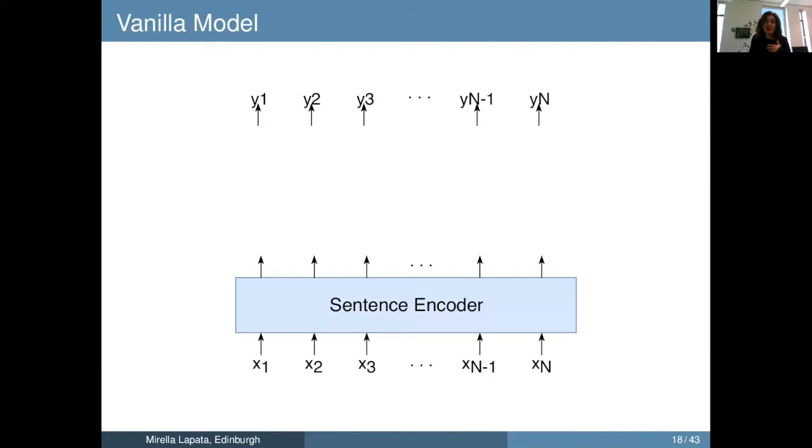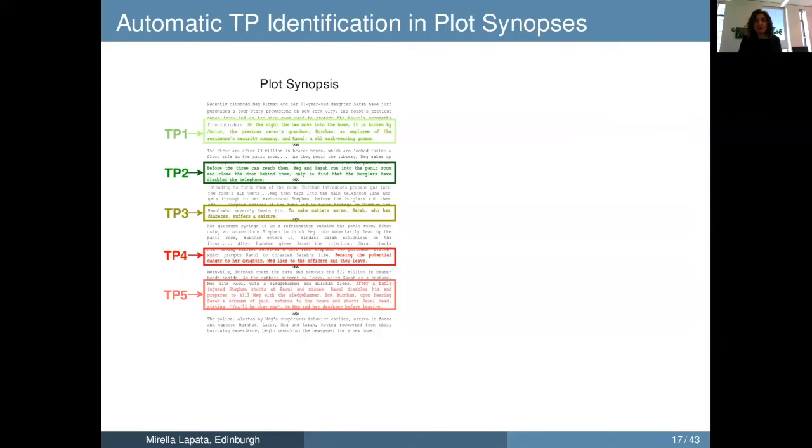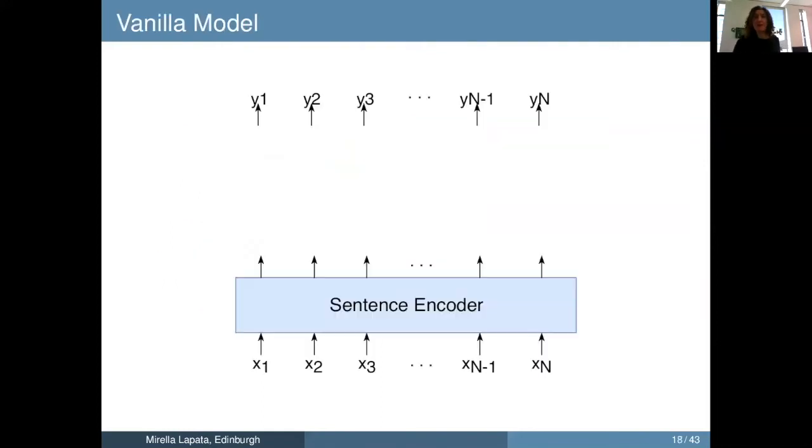Here's a simple model you can think of. These plot synopses and their annotations are the training data. You create a sentence encoder using whatever embeddings you want these days, and you just output prediction Y. This can be phrased as a binary task where 0 means no turning point and 1 means there is a turning point, and we know the sentences are in order.